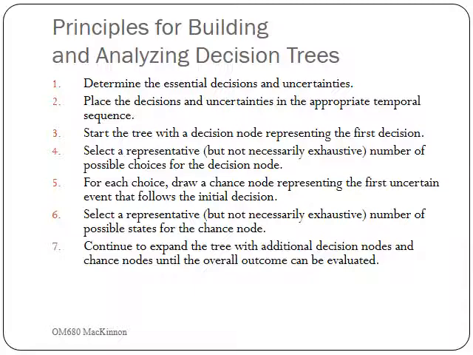Then we have to decide in what sequence they go. This is a temporal process; one thing follows another. So we start the tree with the decision node, representing the first decision.